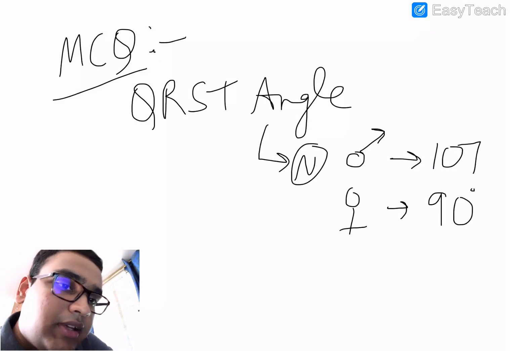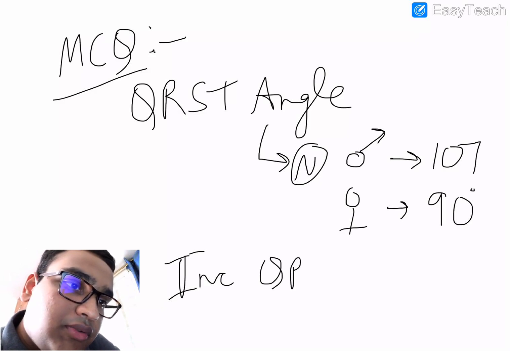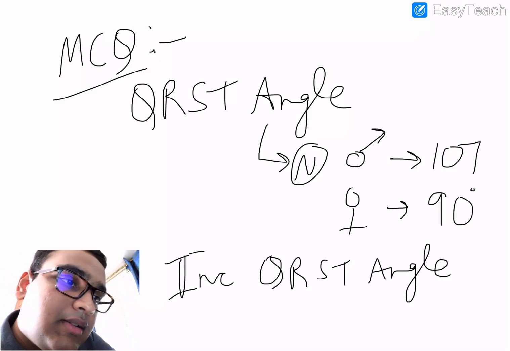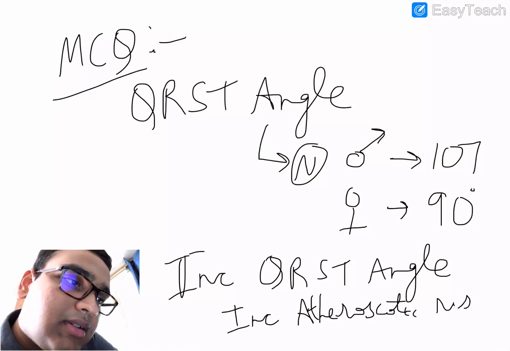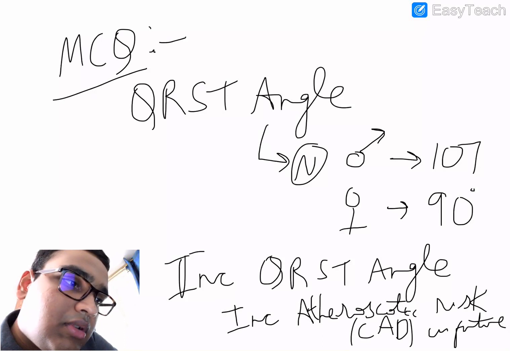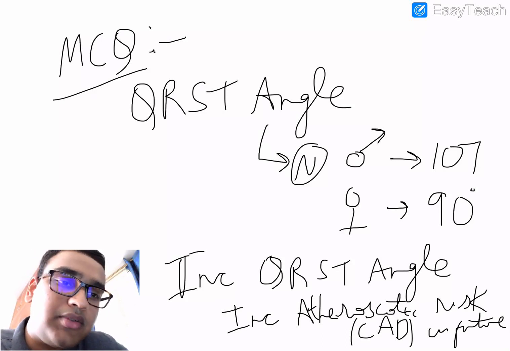In case this angle is increased, QRST angle can lead to increased atherosclerotic risk, that is coronary artery disease in future. So increased QRST angle leads to increased coronary artery disease risk in future.